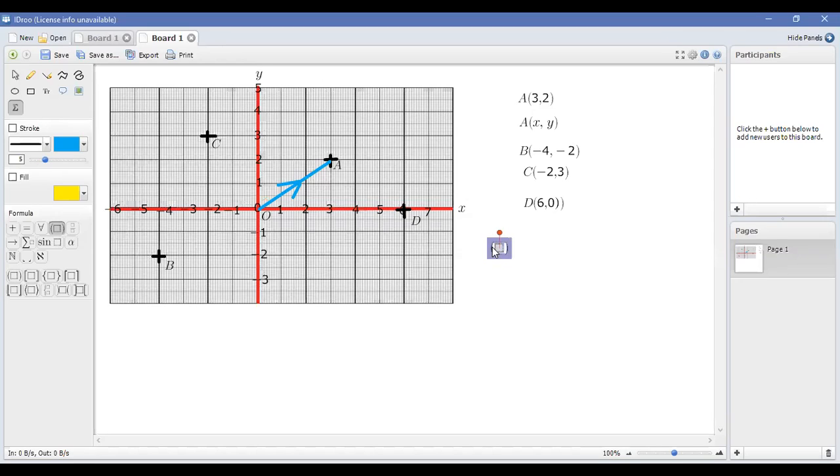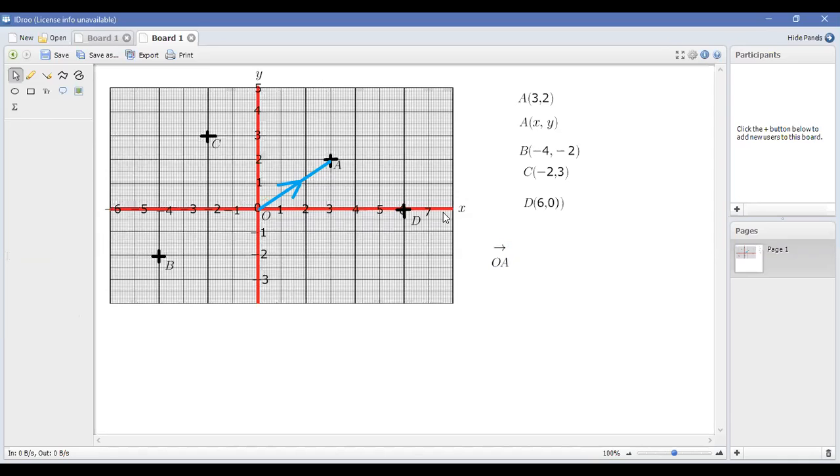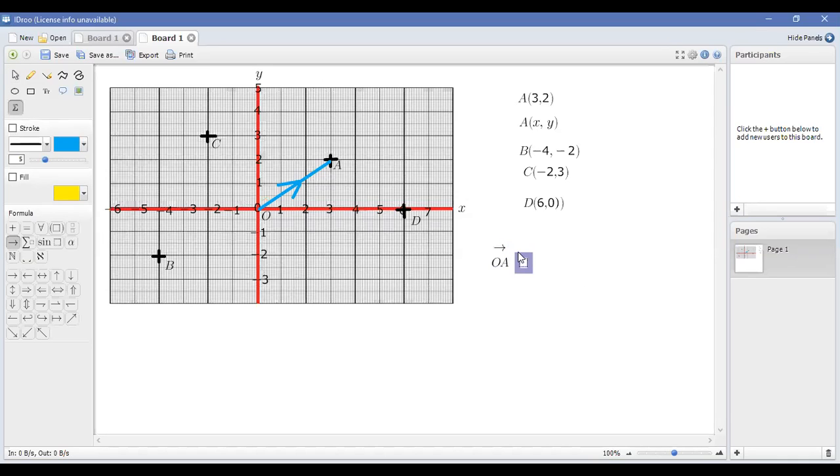So we're going to write that vector as, first of all, I was supposed to write OA with the arrow. Oh, sorry. And that now is equal to, what is it equal to now? Talk to me. 3.